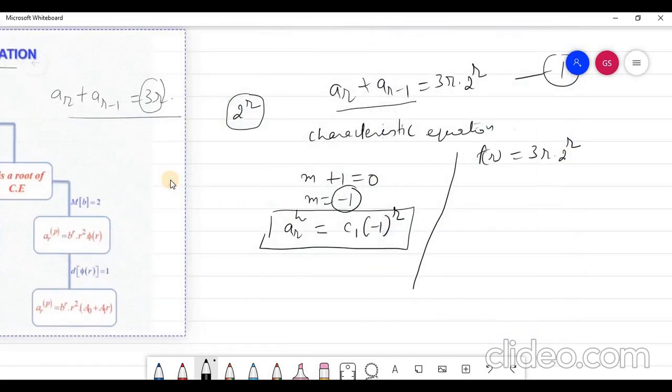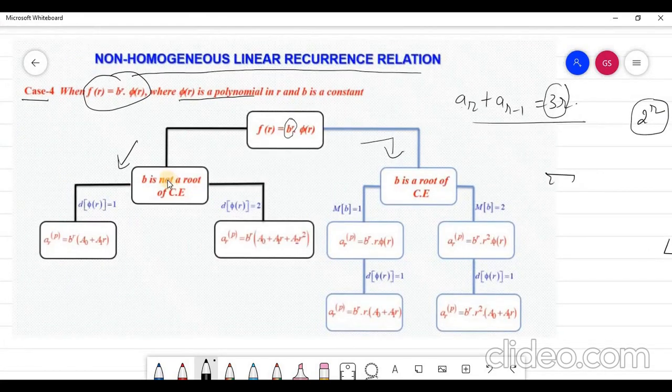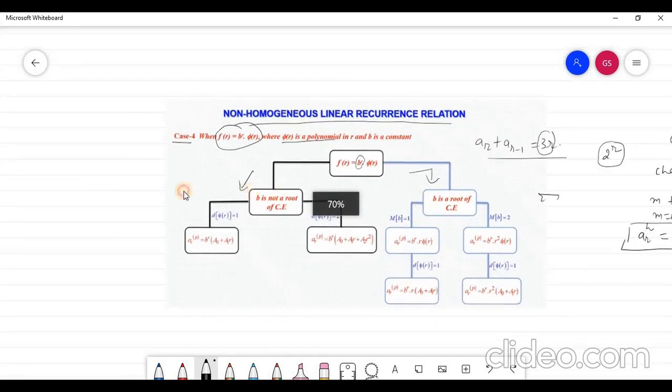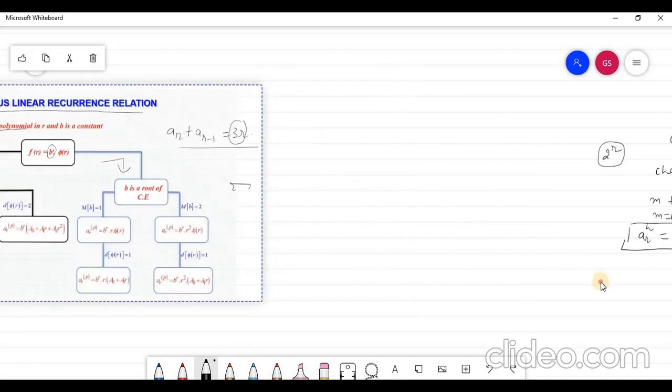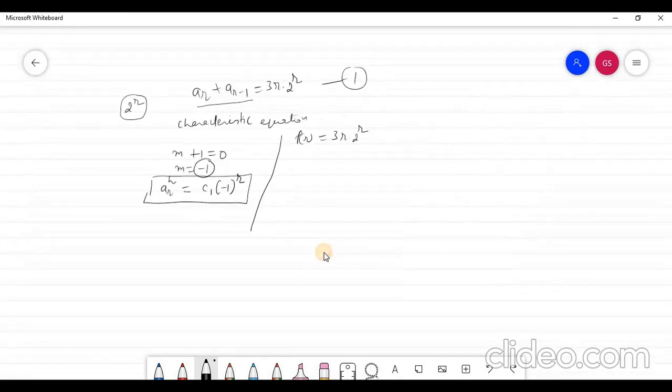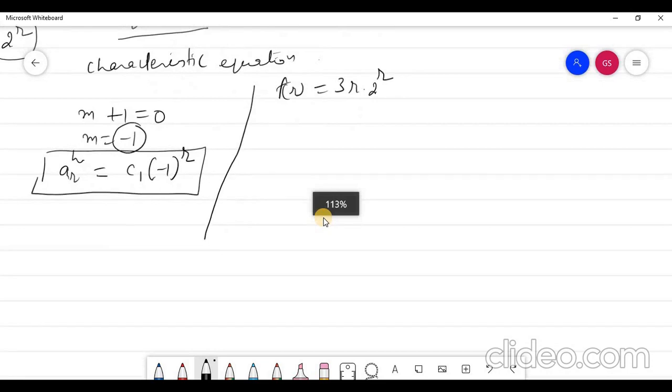So here we will write b^r * phi(r). If we compare, phi(r) = 3r and b^r = 2^r.